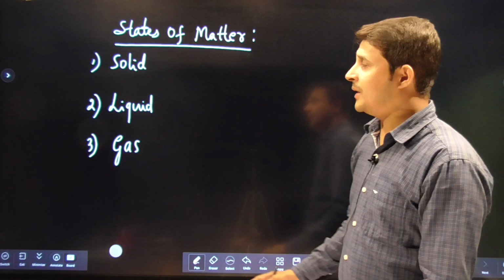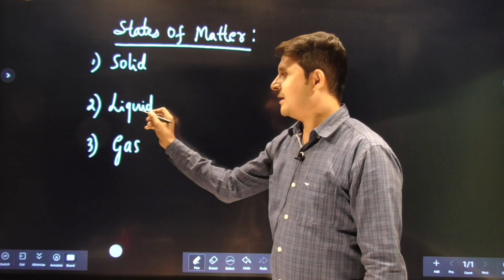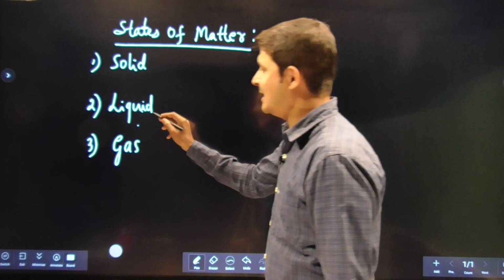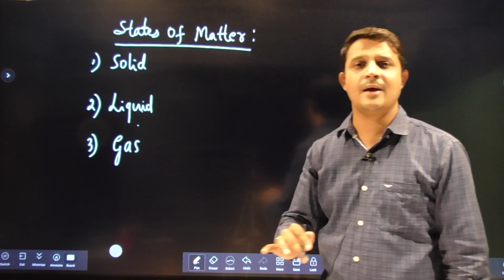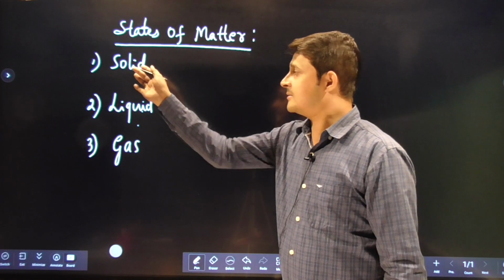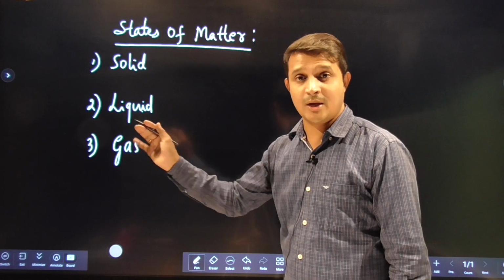So 3 major states of matter, which are solid, liquid, and gas. So solids, liquids, gases have different properties. So that's why these 3 states can be interchanged from one state to another.